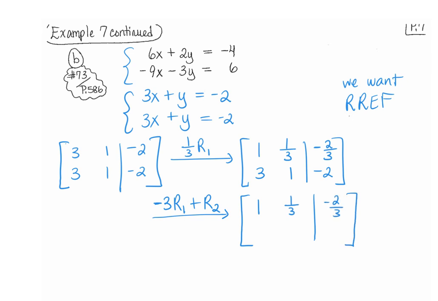So now -3 times row 1. So -3 times 1 is -3 plus 3 gives us 0. Good. The next one is -3 times 1/3 gives us -1. -1 plus 1 is 0.